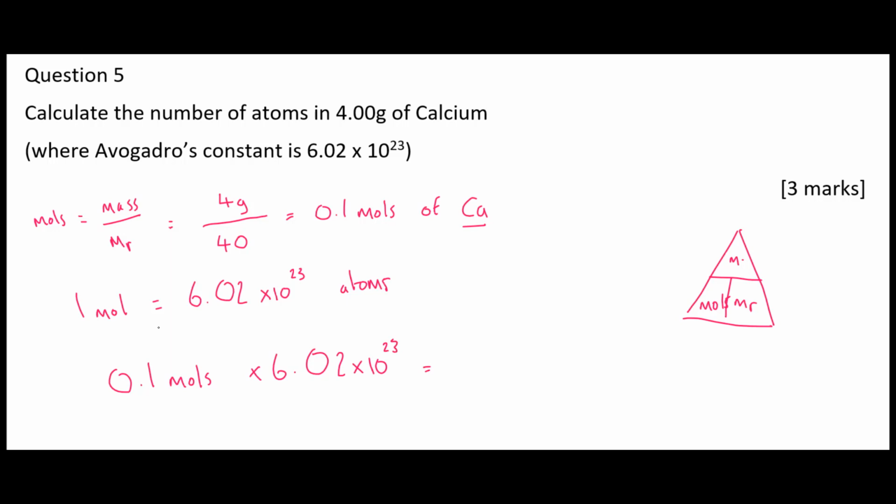That will give us the number of atoms in 4 grams of calcium. And that becomes 6.02 times 10 to the power of 22 atoms. Now you're quite lucky, you don't have to remember this number for your exam. It will be given when you need to use it.